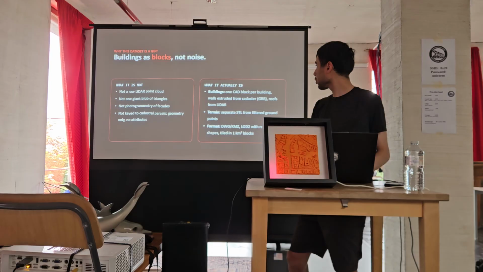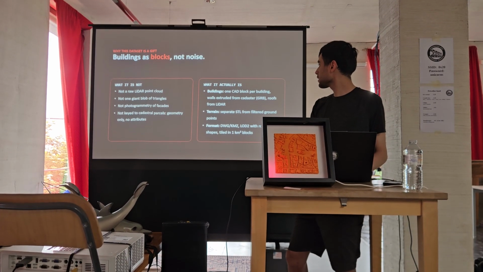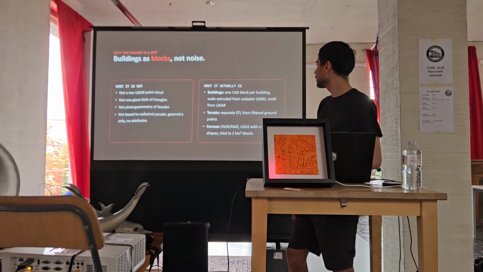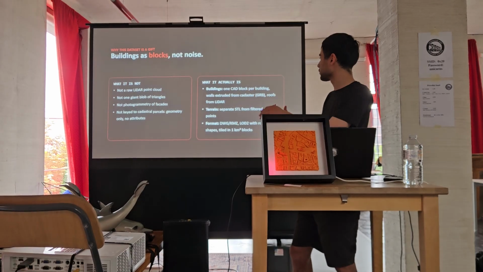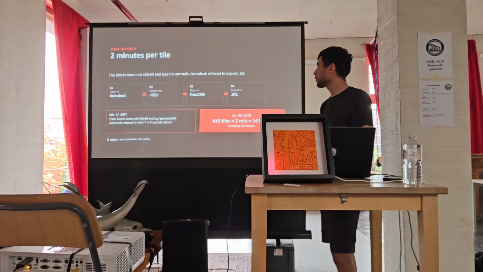Every building is one block, and basically they combined the point cloud data with the cadastre plan to create an extrusion of the shape of the house, and then they added some 3D geometry to it.